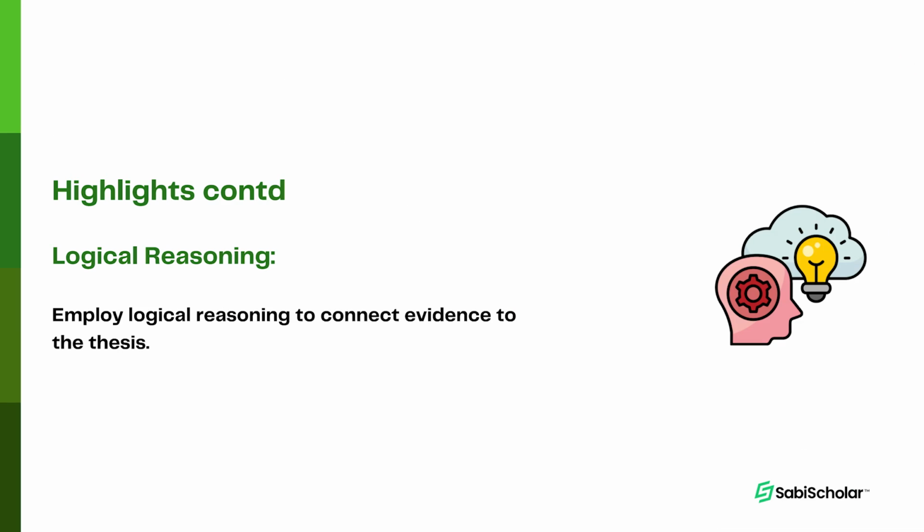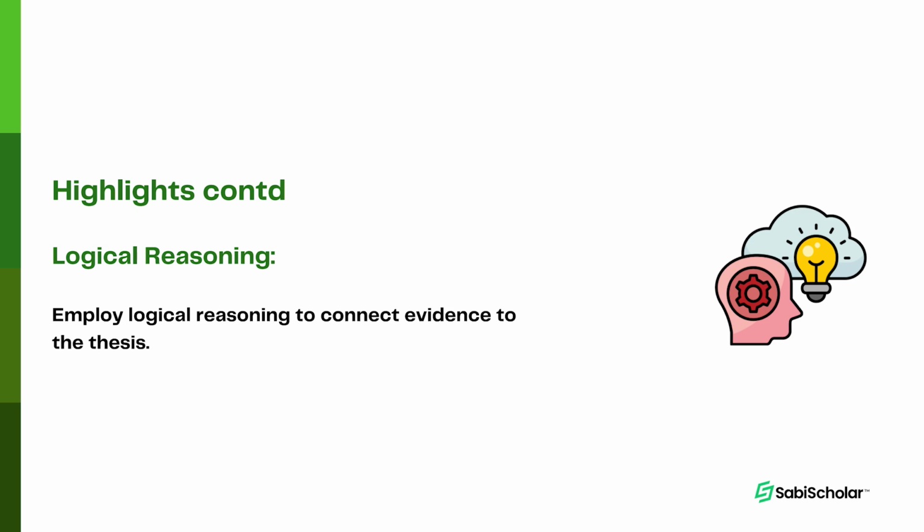The next is logical reasoning. Employ logical reasoning to connect evidence to the thesis. Avoid logical fallacies such as hasty generalizations, false dilemmas, and ad hominem attacks, which weaken your argument. Now, talking about logical reasoning, it's like an extension of evidence and support.